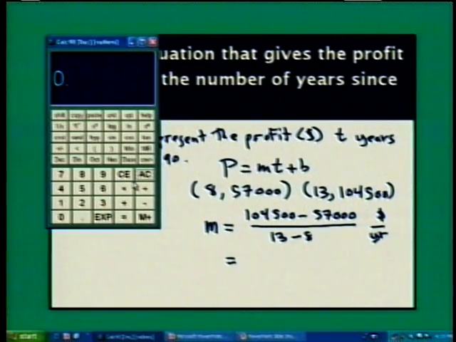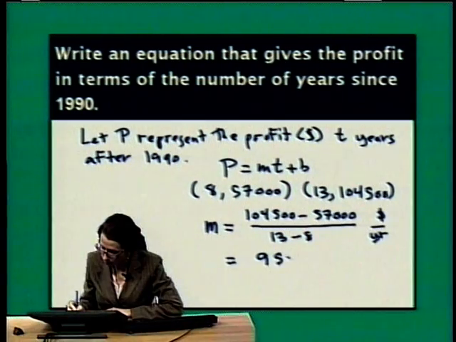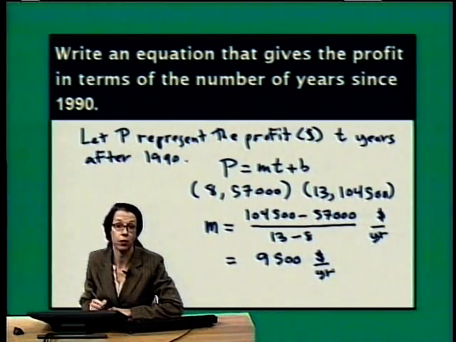In the numerator, I'm looking at the difference, and I'm going to use parentheses to group it: 104,500 minus 57,000, close parentheses. I want to divide that by the change in time, which is 5 years. So this equals $9,500 per year.